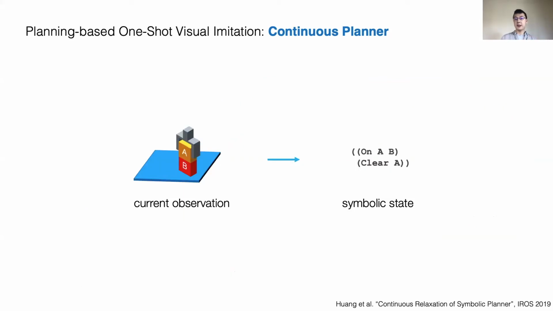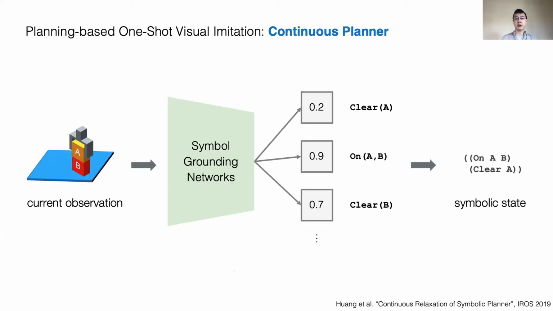So let's first take a look at the symbol grounding problem. Here we want to map the continuous observation and video demonstration to their corresponding symbolic states. We use a symbol grounding network to make binary predictions of each logical predicate. One means the predicate holds true, and zero means it is false.